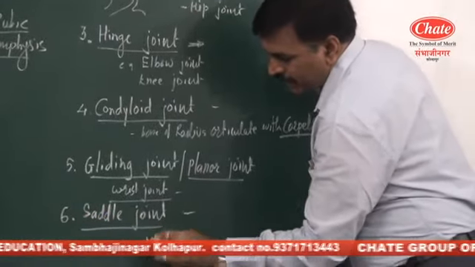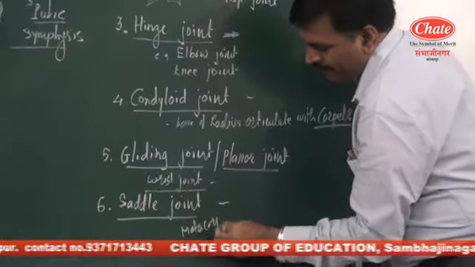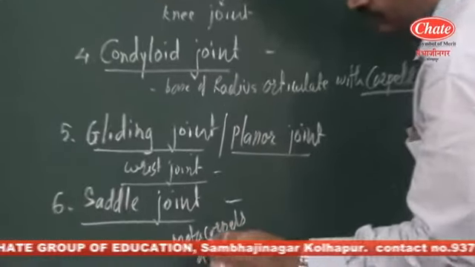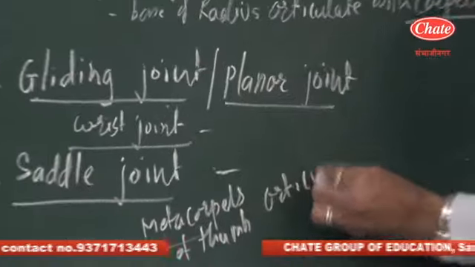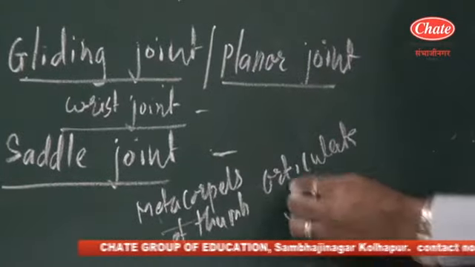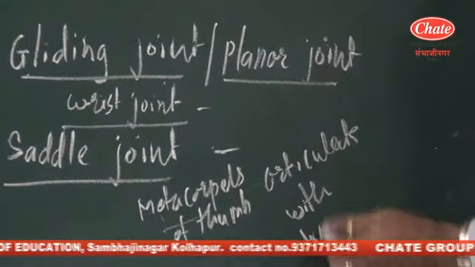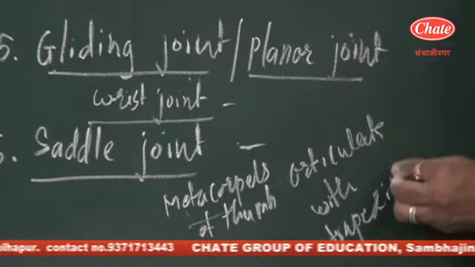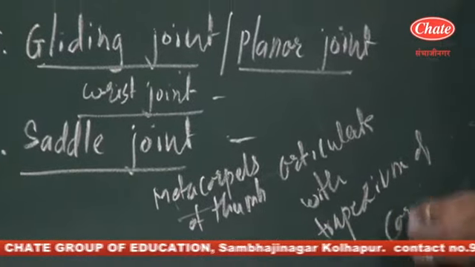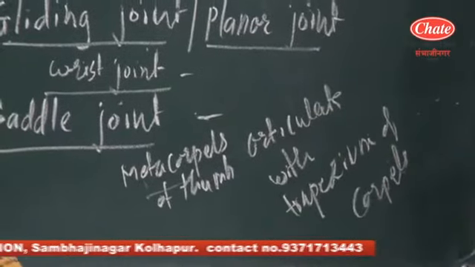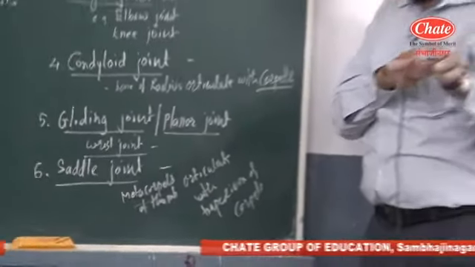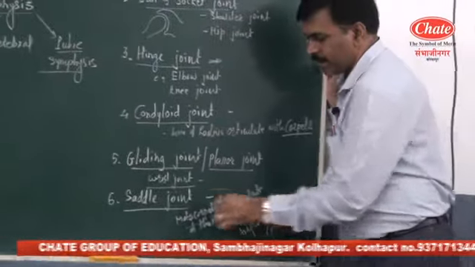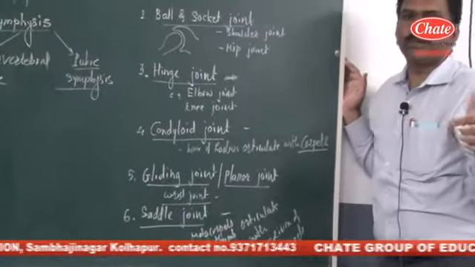The metacarpal of the thumb articulates with the trapezium of the carpals and forms the saddle joint, and this saddle joint allows free movement.